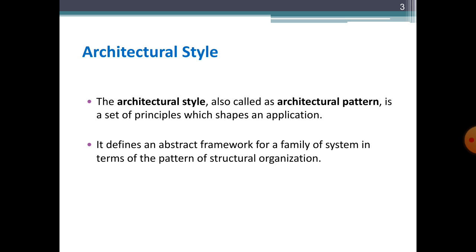These architectural styles or patterns define an abstract framework for a family of systems in terms of patterns of structural organization. We also discussed this in lecture number 16, but not in more detail. Now in this lecture number 19 we discuss different architecture patterns one by one in more detail.